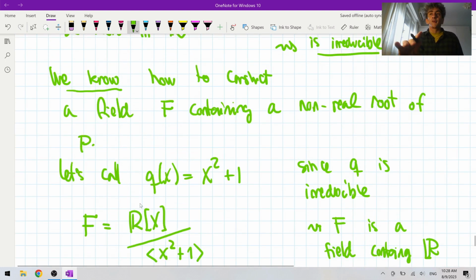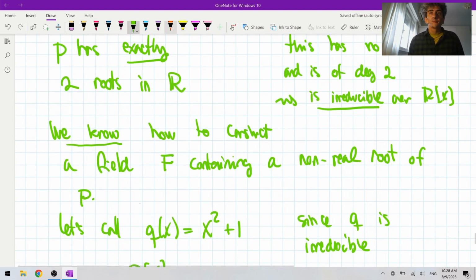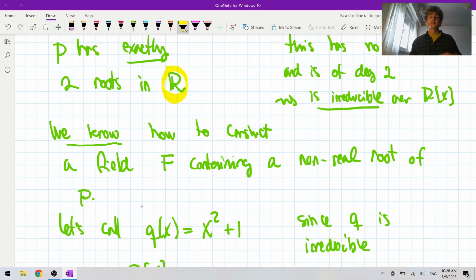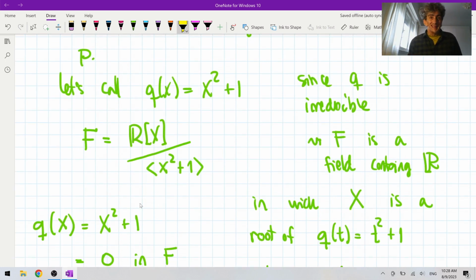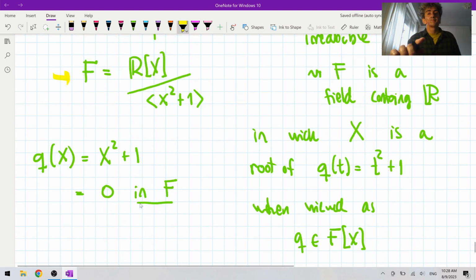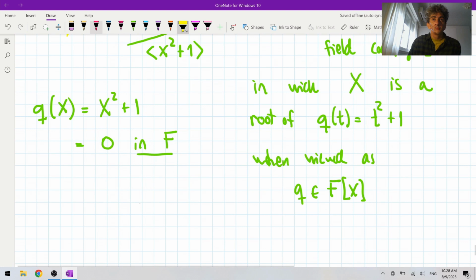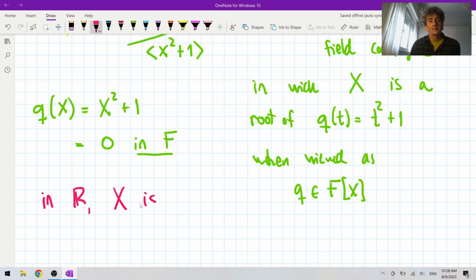Remember, for R, big X is a formal symbol. It's not an element of the field. But in F, now X is an element of the field. Okay? So this is crucial. In R, X is not an element of the field.